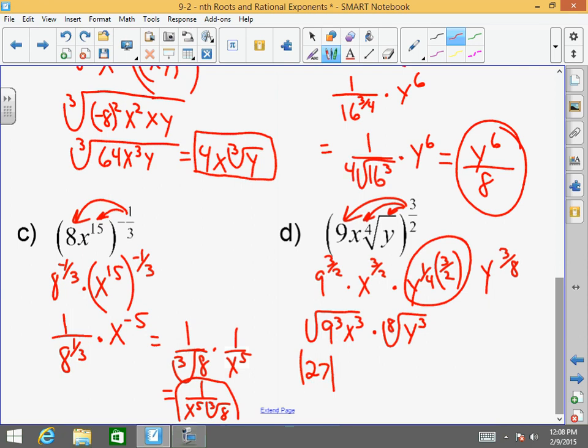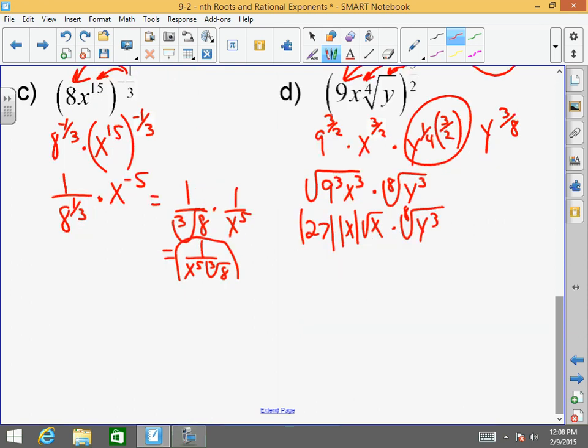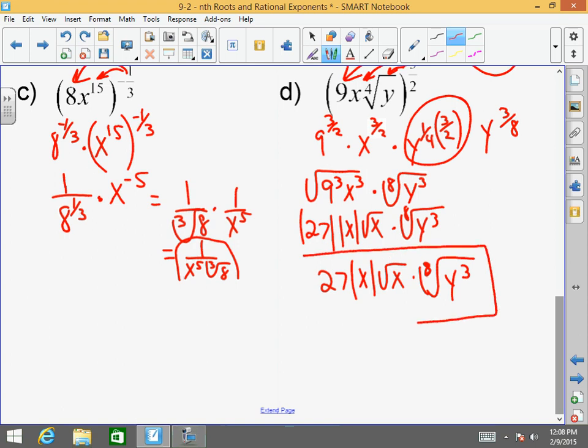The square root of x cubed, I've got another absolute value of x, and I've got a square root of x left over, and then I have times the 8th root of y cubed. So when we put it all together, nice and pretty, we've got 27 times the absolute value of x times the square root of x times the 8th root of y cubed. That's a good one.